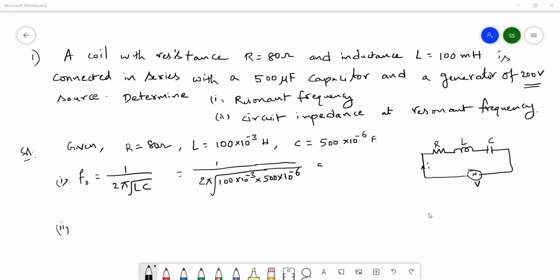No, check once again. Sir, 0.44? No. See, 100 into 10 to the power of minus 3 is 0.1, multiplied with 5 into 10 to the power of minus 4. Why are you making mistakes in simple calculations? Substitute, and you will get the value now.